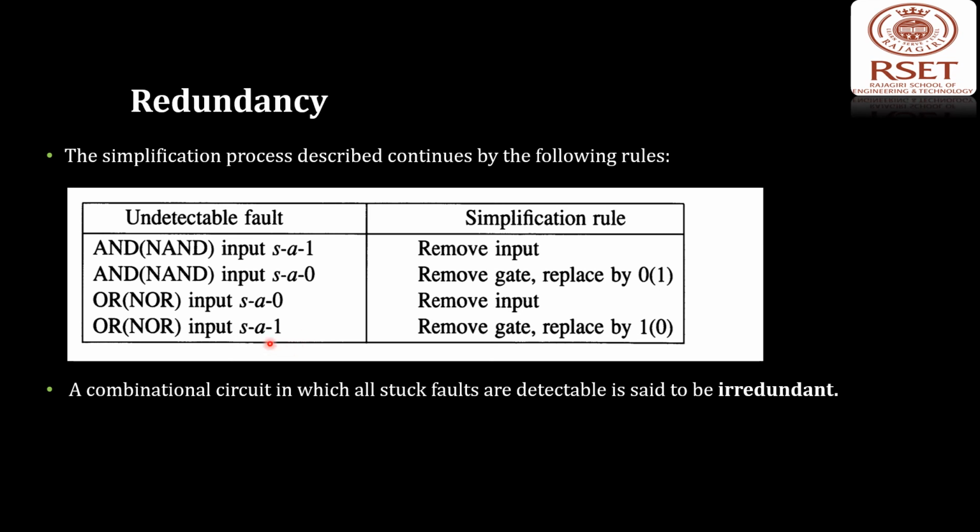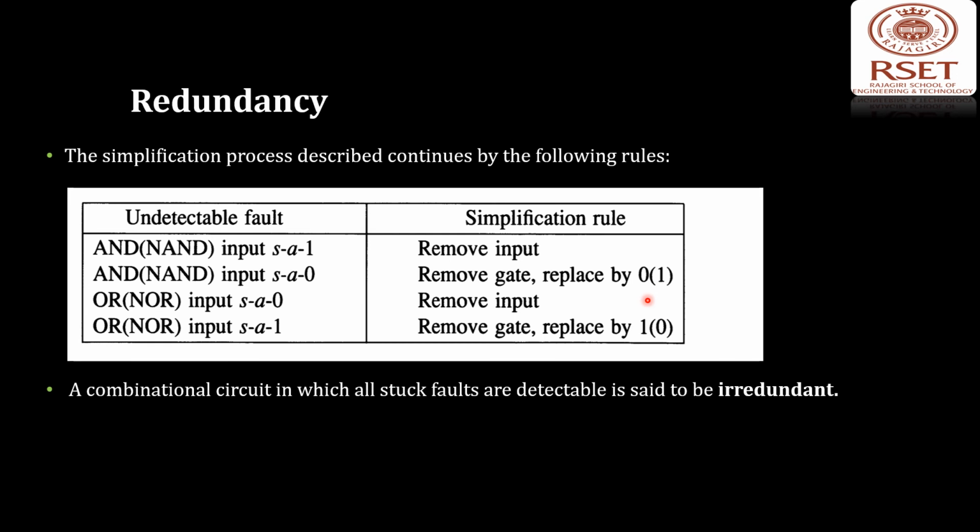Now these are some of the simplification rules that we have to follow if we have an undetectable stuck fault. If it is an AND input SA1, remove the input. If it is an AND input SA0, remove the gate and replace all its outputs by 0.